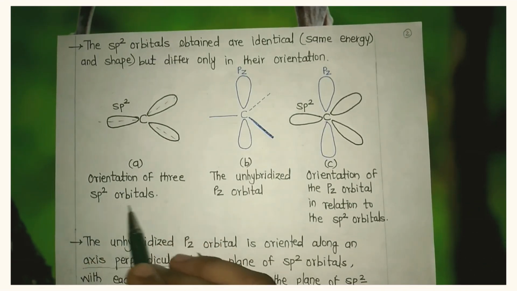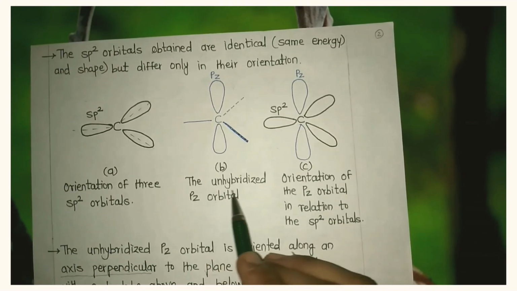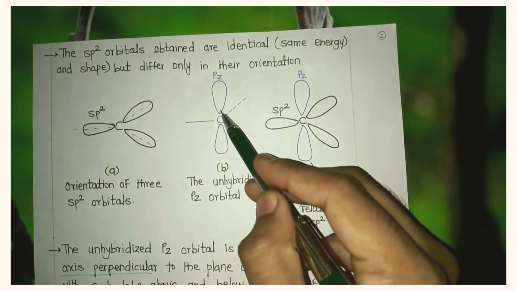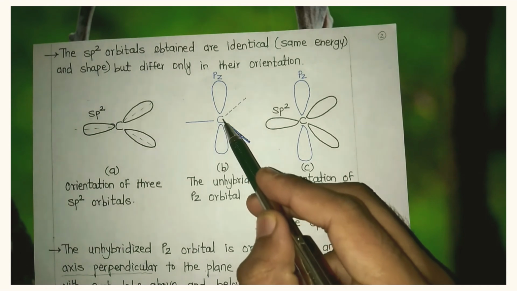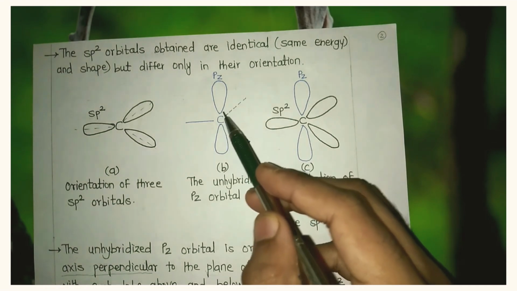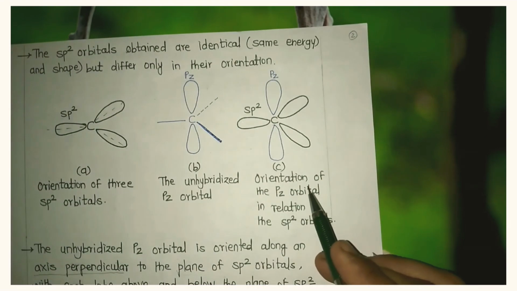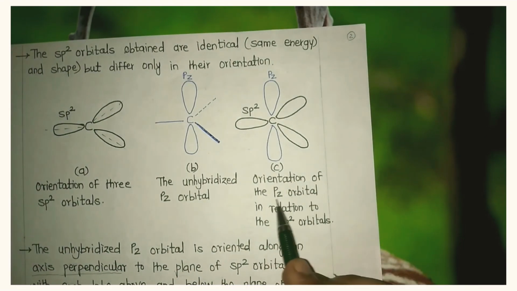Orientation of three sp2 orbitals. This is the unhybridized pz orbital, which is perpendicular to the sp2 orbitals, as shown in this figure.